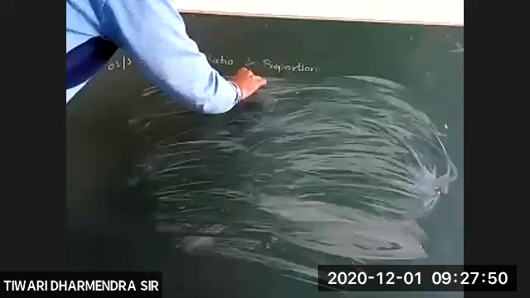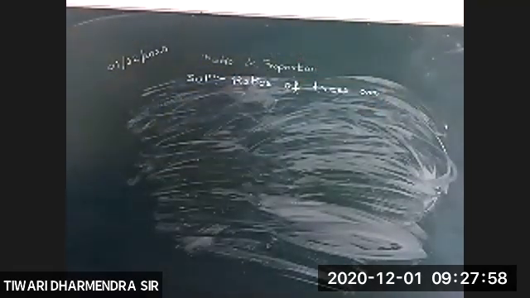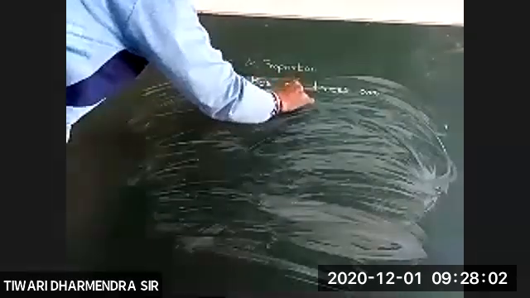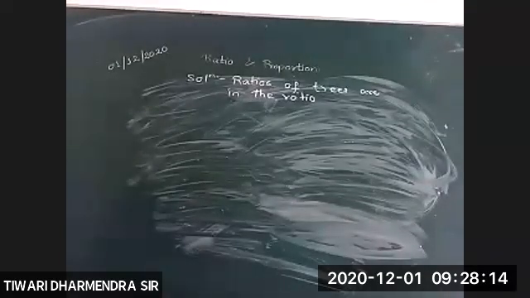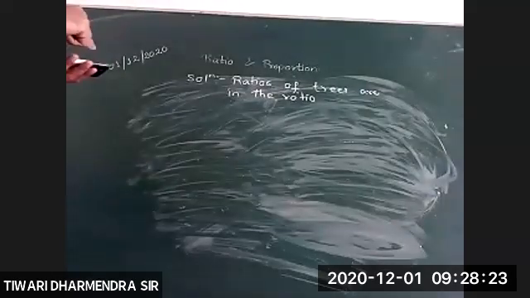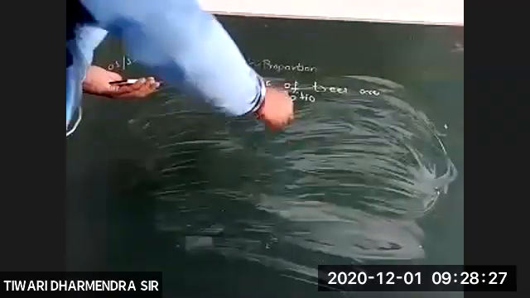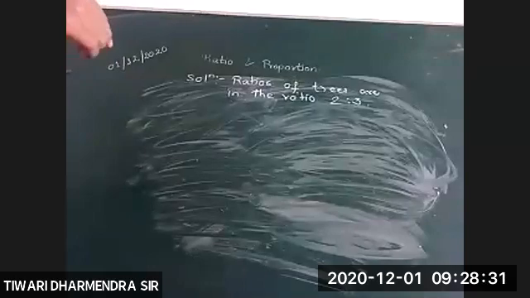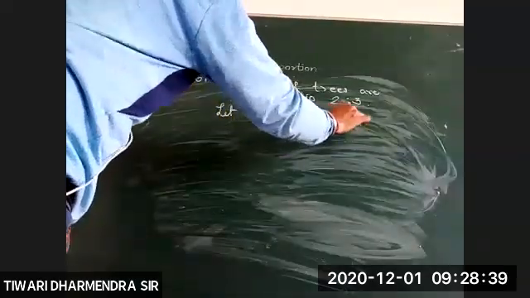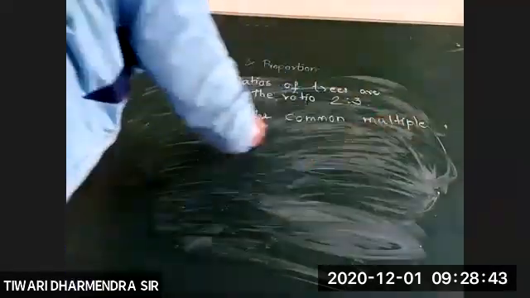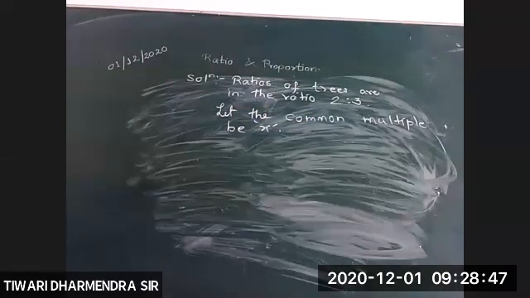As the ratio of trees are in the ratio 2 is to 3, let the common multiple be x.